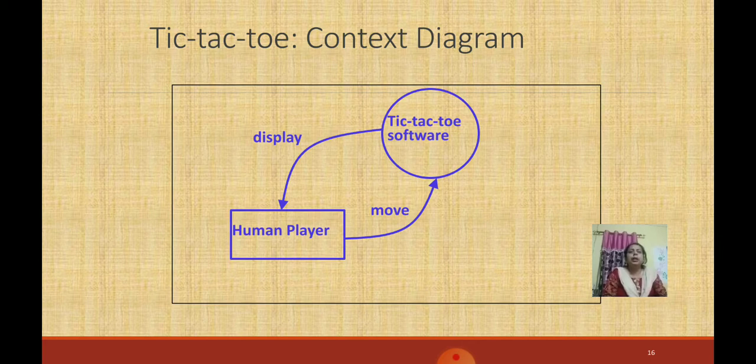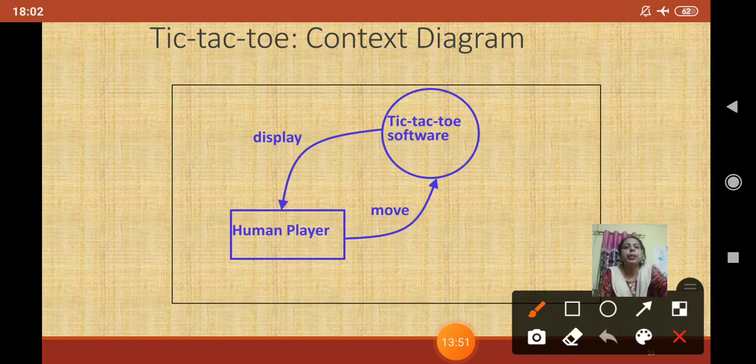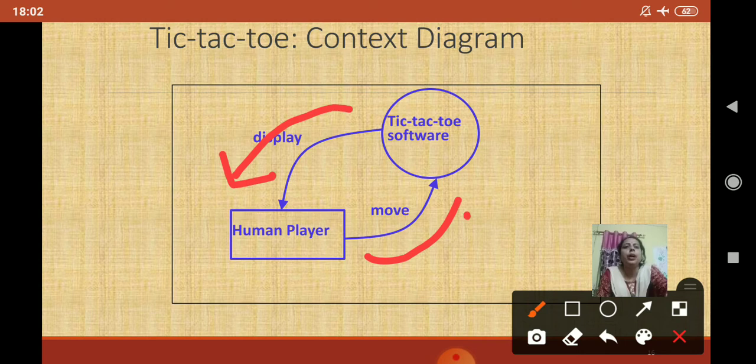Here the human player uses the move and it gives the output. So this is the context diagram of a tic-tac-toe software.